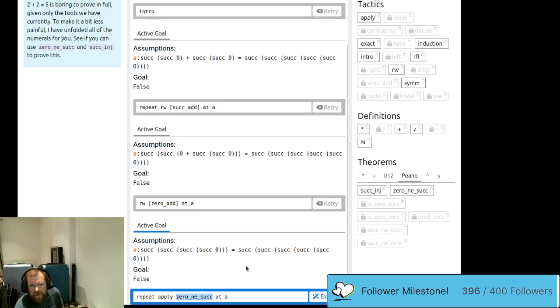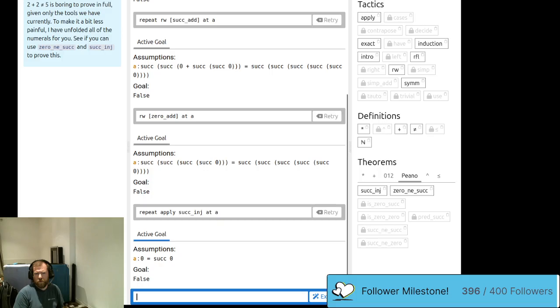It's the other one. Successive injective A. Okay, now we can state the exact thing that's here.